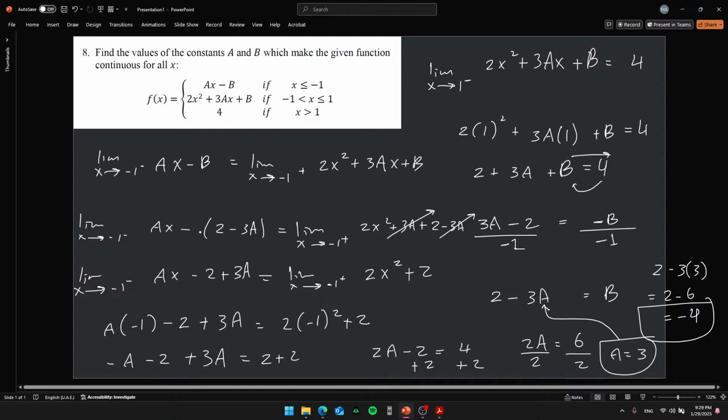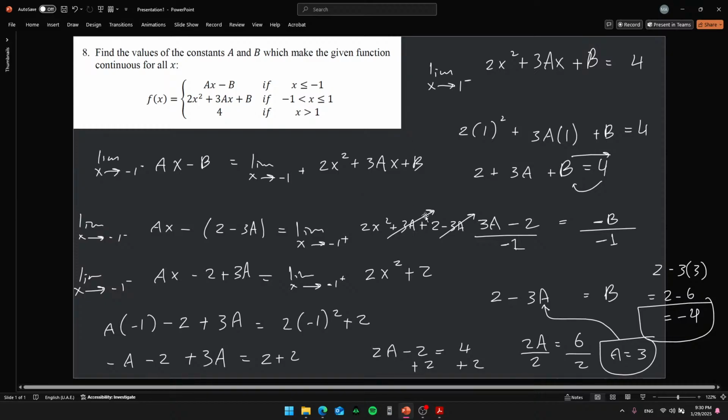Ax minus 2 minus 3a, plus 3a. Ax minus 3 minus 2 minus 3a, okay, minus 2a plus 3a, 2x squared plus 3a plus 2 minus 3a plus 3a minus 3.